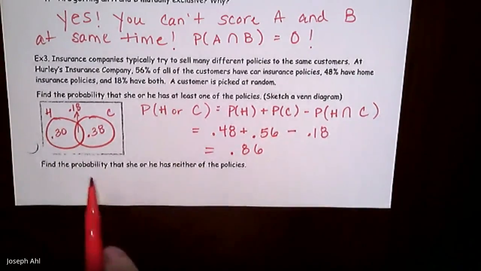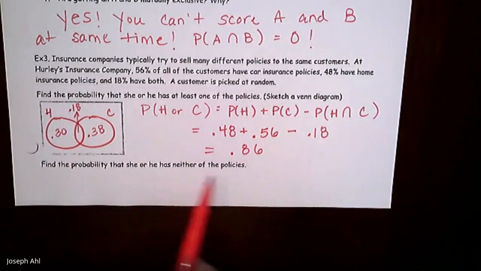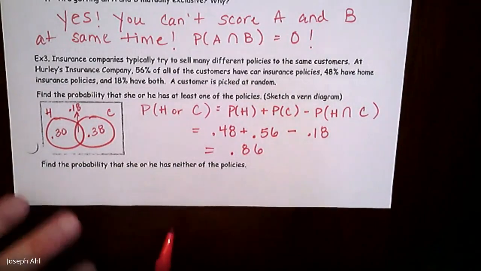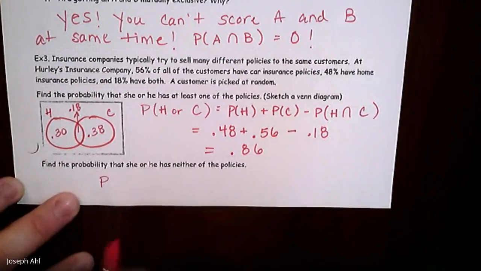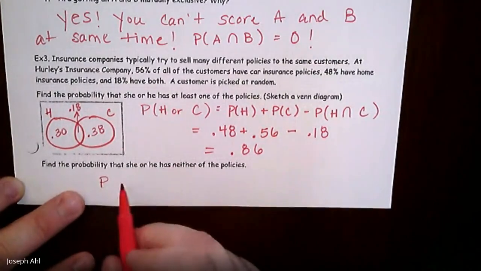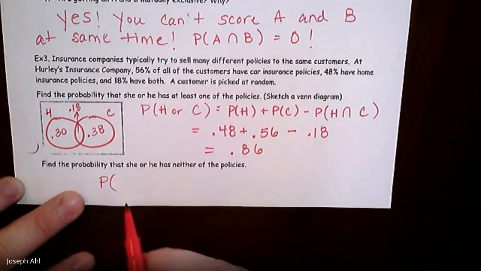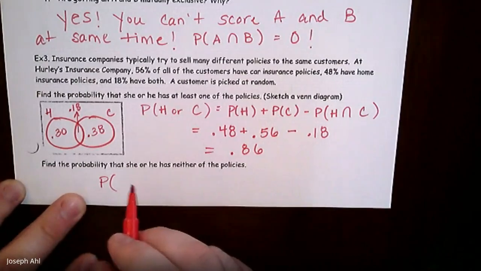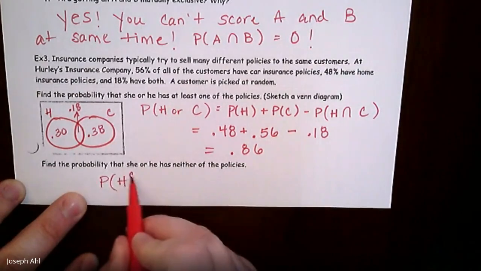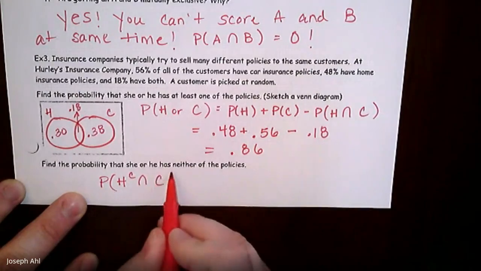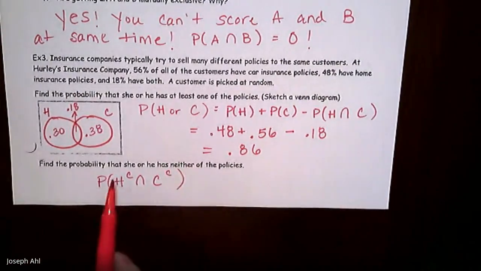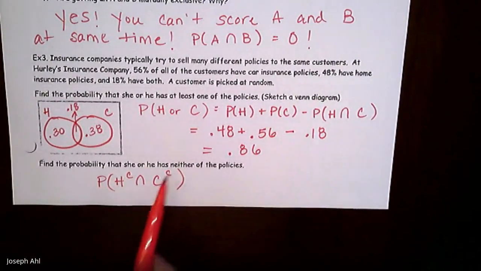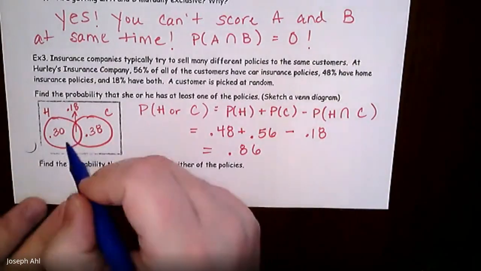Okay, last part at the bottom, find the probability that she or he has neither of the policies. So notation would be the probability that I have, I don't want homeowners insurance, so it's the complement of H, and I don't want the car insurance, complement of C. This would actually be an AND case, and it actually would be everything that lives outside of the probabilities in our Venn diagram.